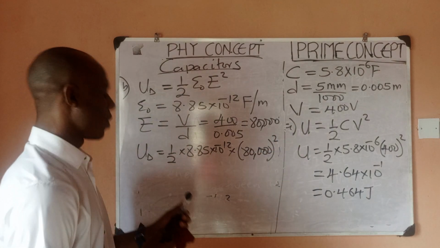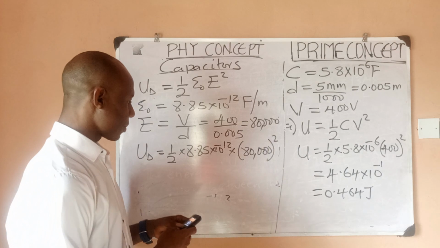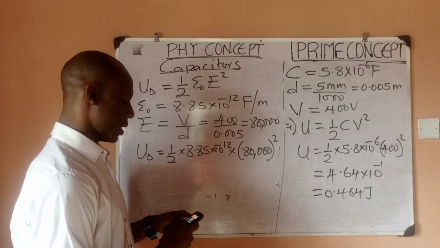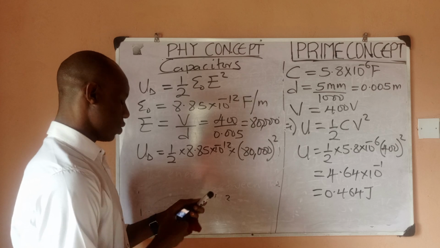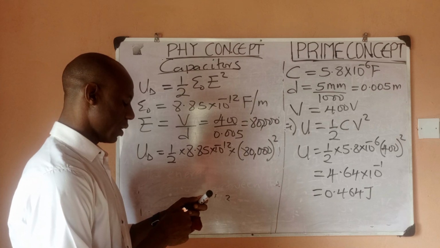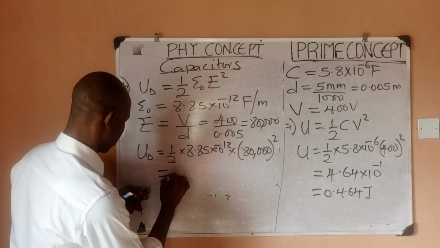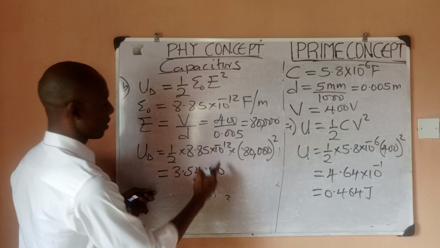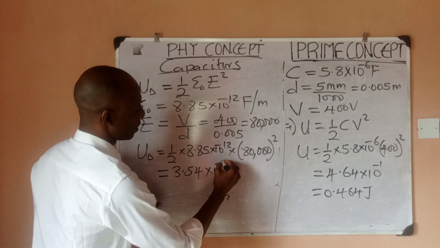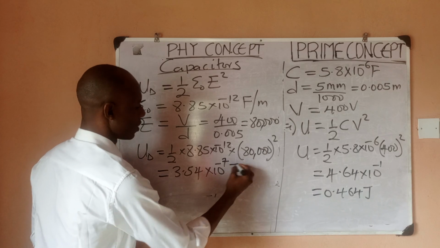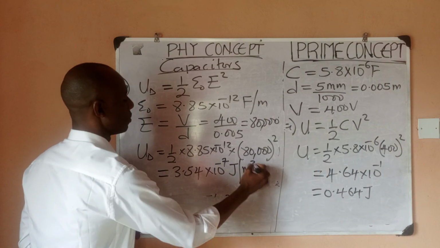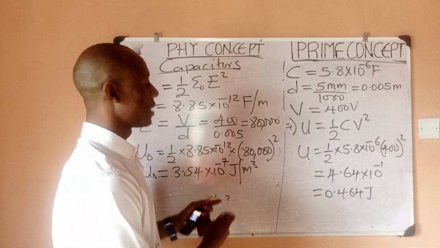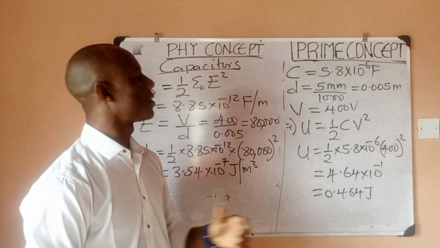Now if I punch this, I would have 8.85 divided by 2 and so on, which is 3.54 times 10 to the power 5 minus 12, which is minus 7. So this is what I have, in joule per meter cube. So this is the value for my energy density, and I believe that the concept is very clear.